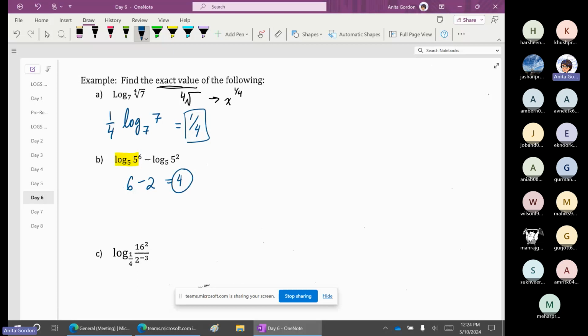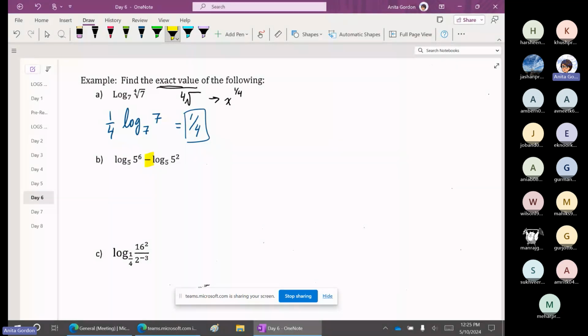Oh, I made a mistake. Oh, Miss Gordon made a mistake. I'm like half right. I get part marks. What did I miss? Not quite. I missed that this is not a single term. This is 2 terms with a minus sign.